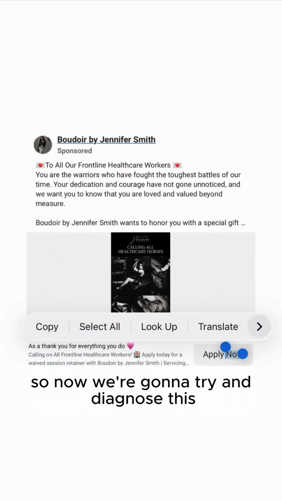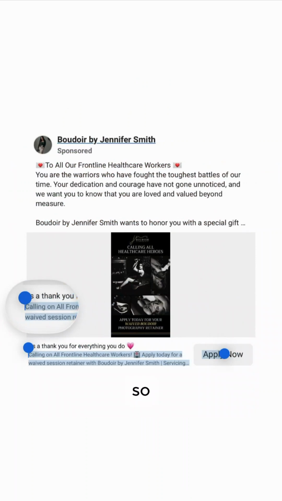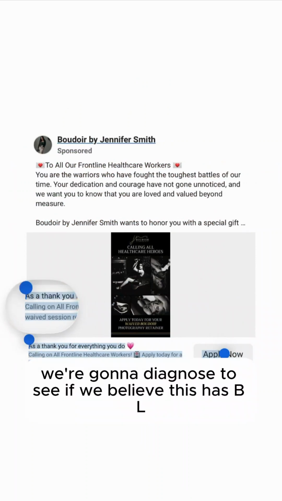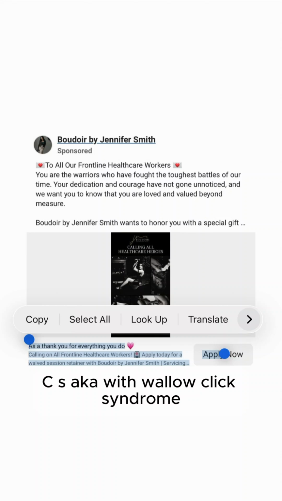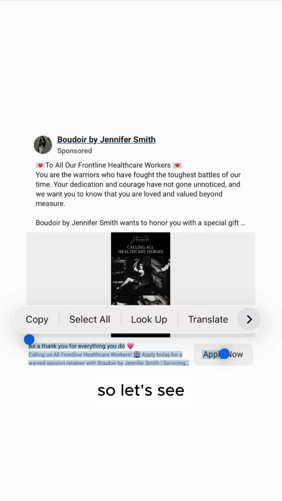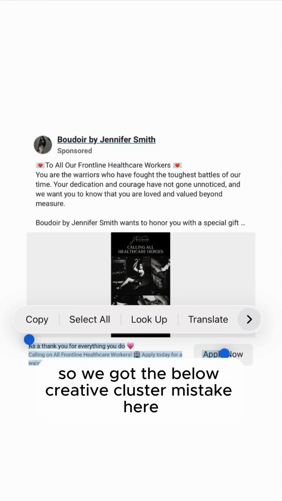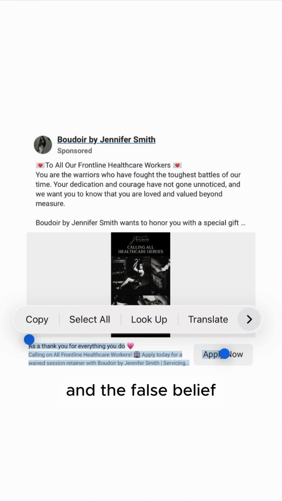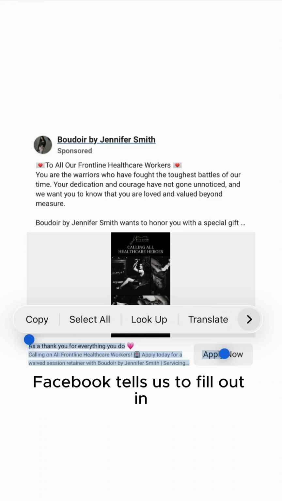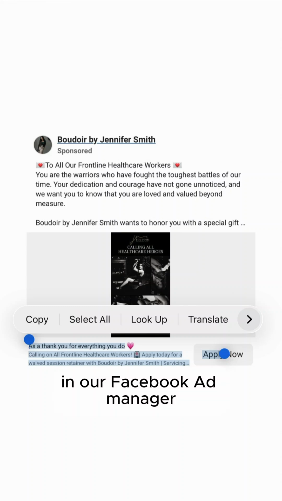So now, gonna try and diagnose this, if we believe this has BLCS, aka Boudoir low click syndrome. So let's see. We got the below creative cluster mistake here. And the false belief that caused us to make this mistake is filling out everything Facebook tells us to fill out in our Facebook ad manager.